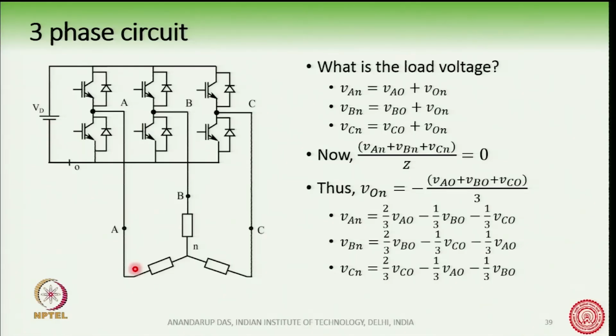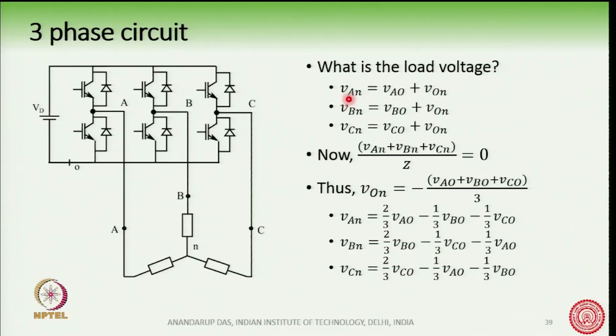Ultimately the converter is supplying a load and we are interested to know how much voltage can be applied to the load, and what is its relationship with the converter voltages. So, in order to find it, we write Kirchhoff's law.